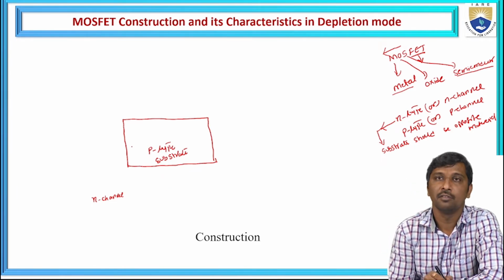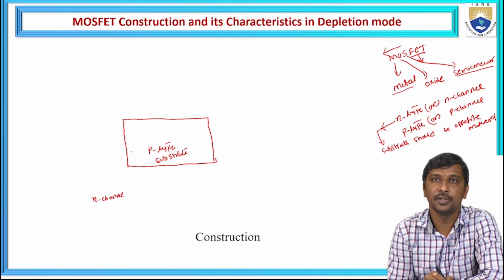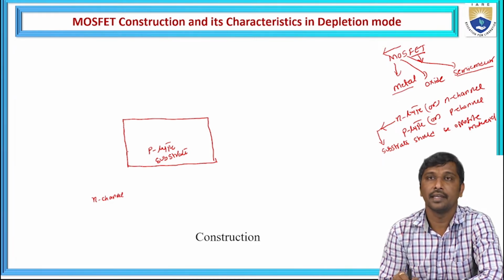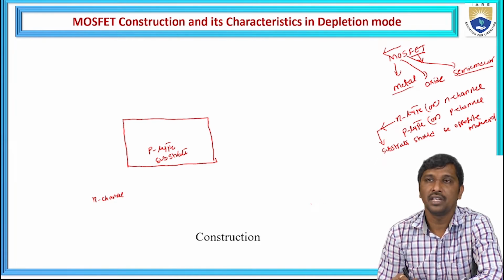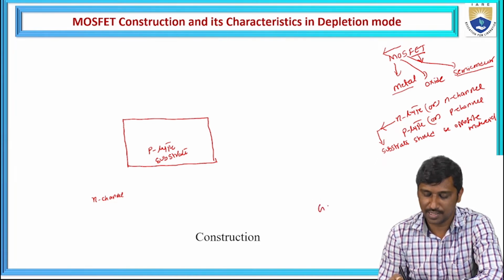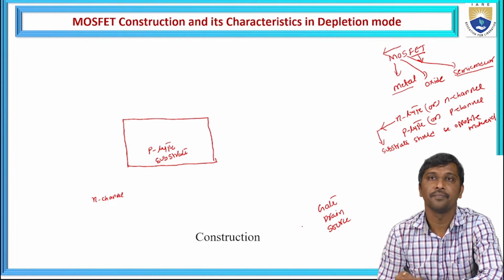Then after this, we need to diffuse. We know that any FET, JFET or MOSFET, has three terminals: one is the gate, another is the drain, and another is the source.